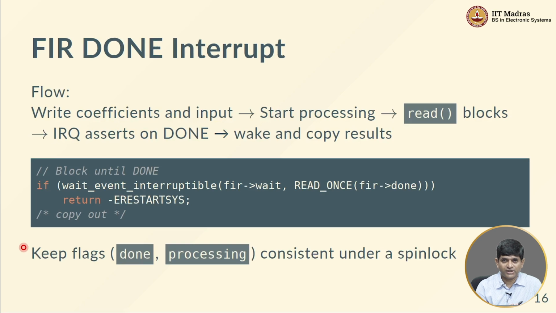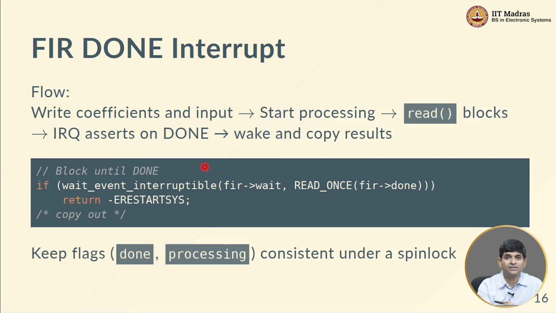In the context of the FIR filter, what we are going to see in a moment is, we will basically write the coefficients in input, then start processing. And then, as I'll show you, you can basically call the read function, where I'll try to read from the FIR filter output, and it will block, okay. Eventually, at some point in time, the IRQ signal will assert. It will say, okay, it's done, right.